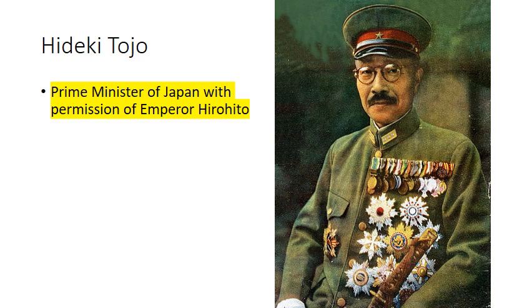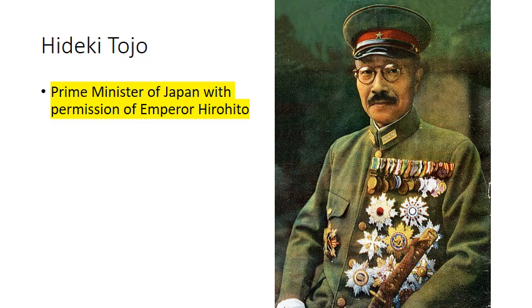Let's talk a little bit about Japan. So in Asia, the Japanese had been expanding their empire throughout the 1930s. Japan was a very crowded and highly populated series of islands, and they wanted more resources. And so they begin invading.